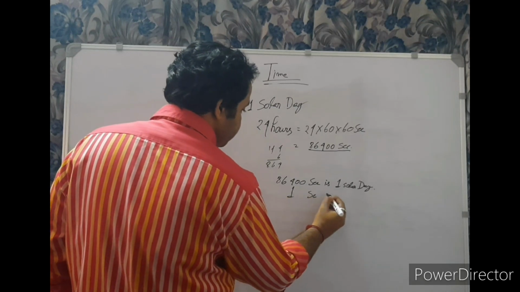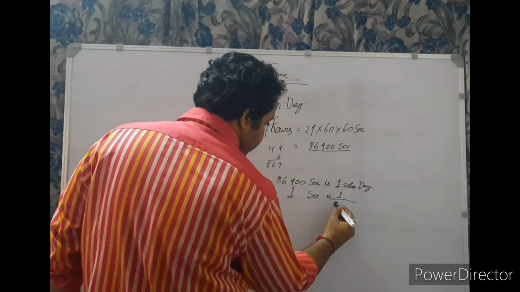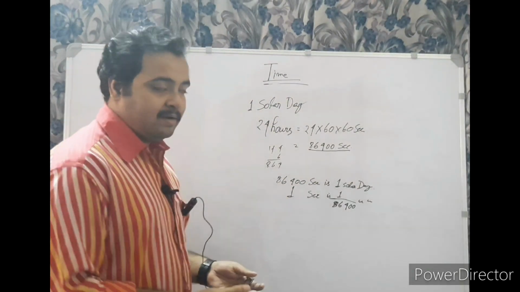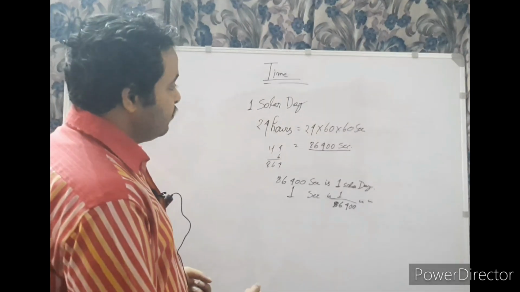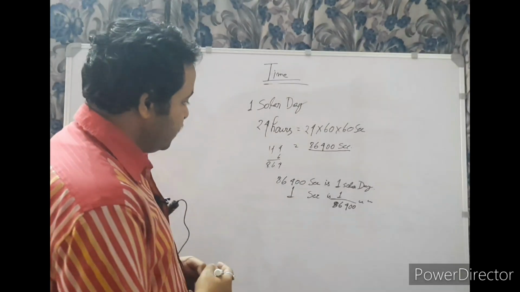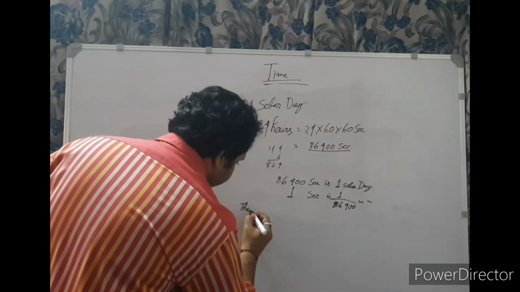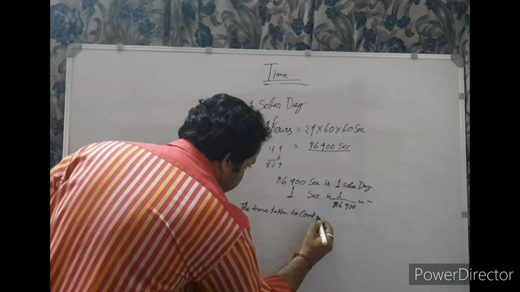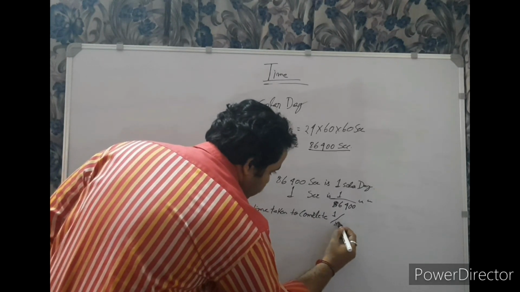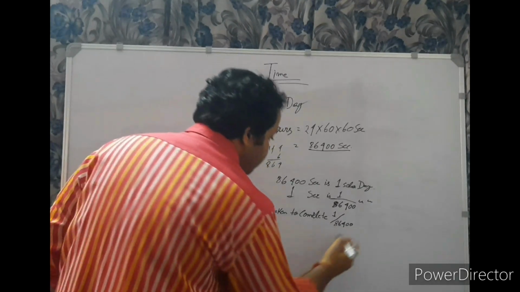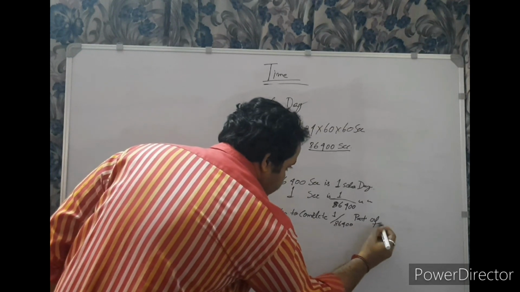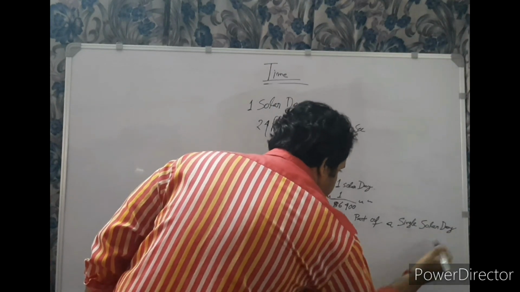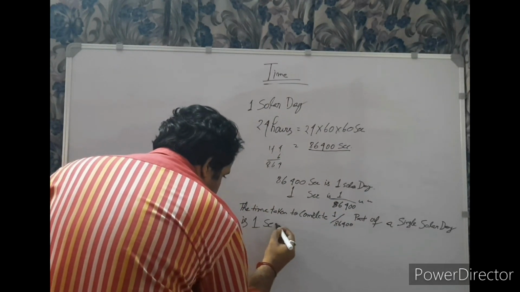So 1 second is 1 by 86,400 solar day. So now the simpler definition for students who just started learning the basics of physics is that the time taken to complete one by 86,400 part of a single solar day is 1 second.